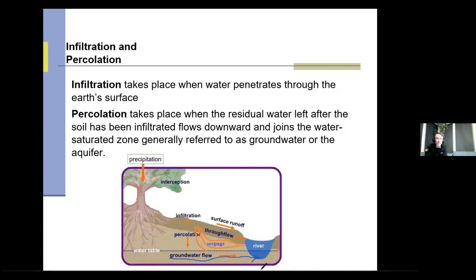And it actually becomes part of that river. And that's why I keep saying that surface water and groundwater are very closely related, because a river typically is a mix of groundwater and surface water together. And it will change throughout the year.